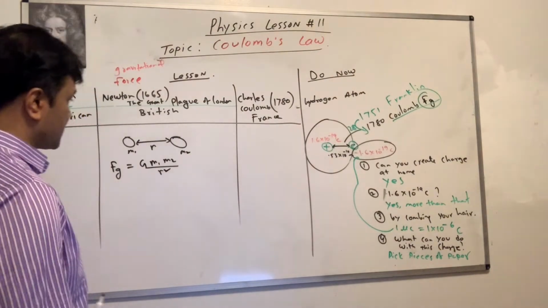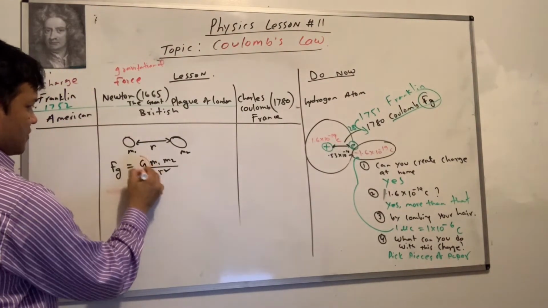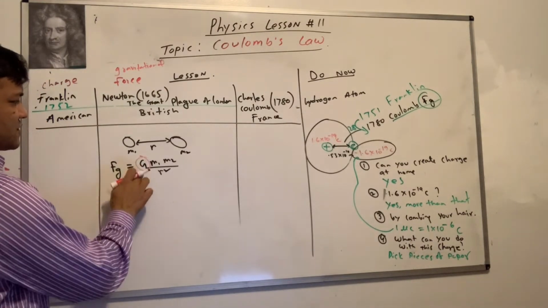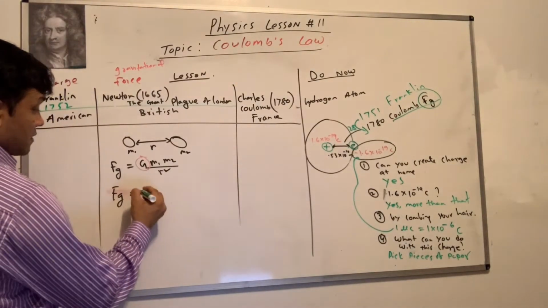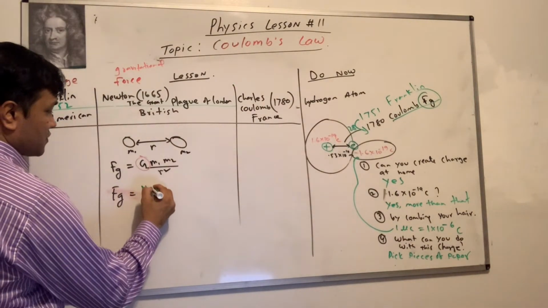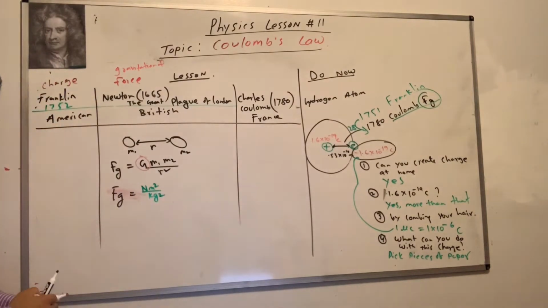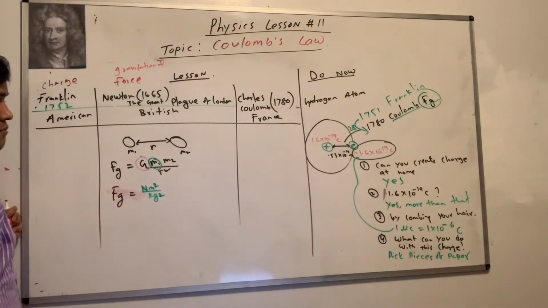What are the SI units? The SI unit for G is Newton meter squared per kilogram squared. What is the SI unit for mass 1?